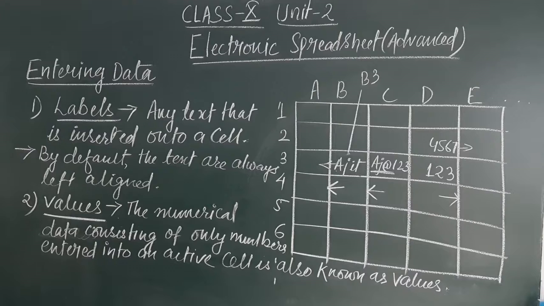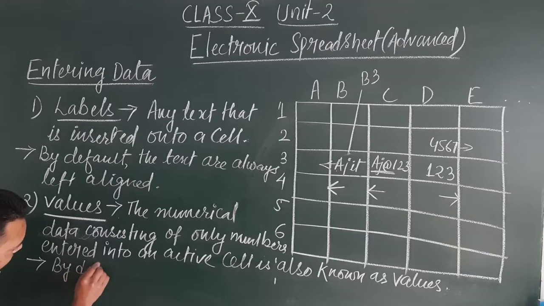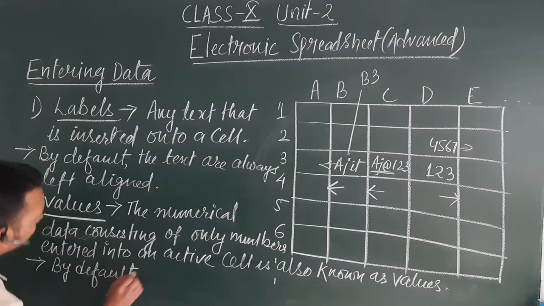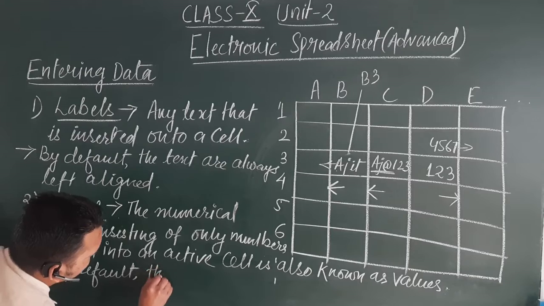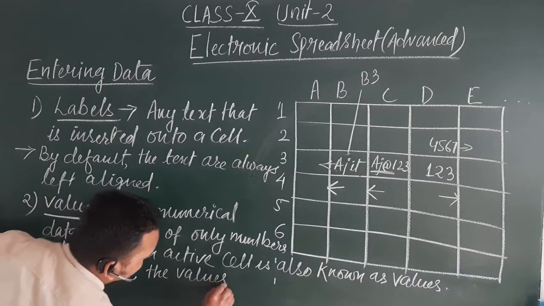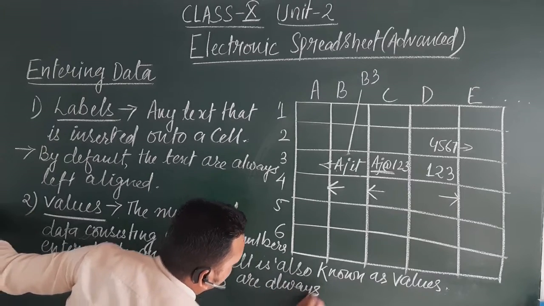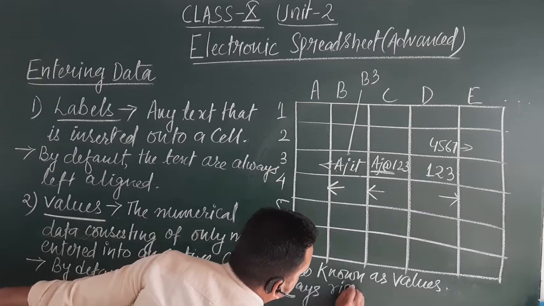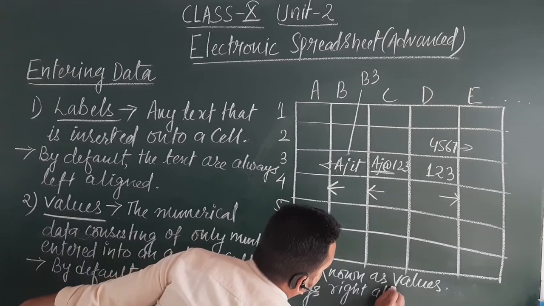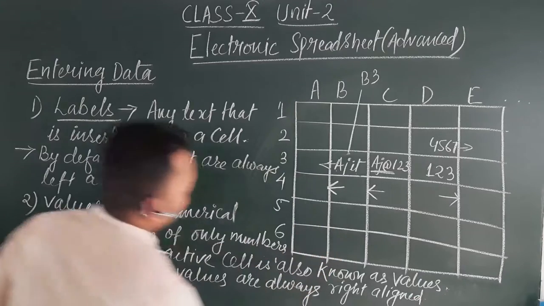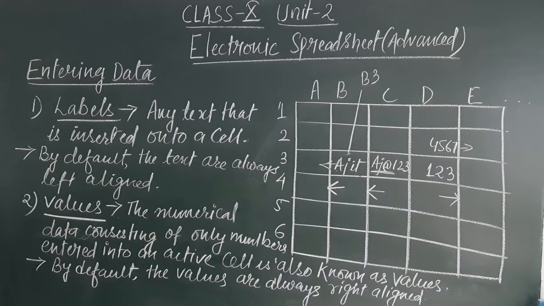Oh, here one more thing I forgot, that is by default the values are always right aligned. Okay. So by default, whenever we enter any values, they will always align towards the right of an active cell. So these are two terms.